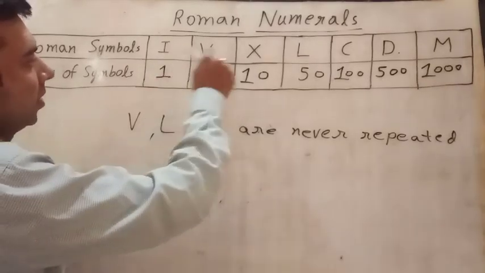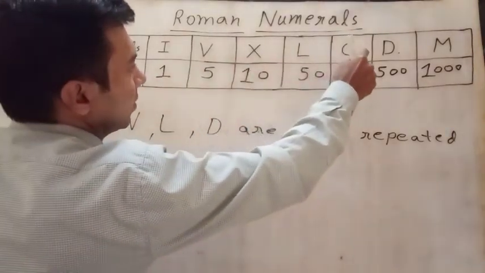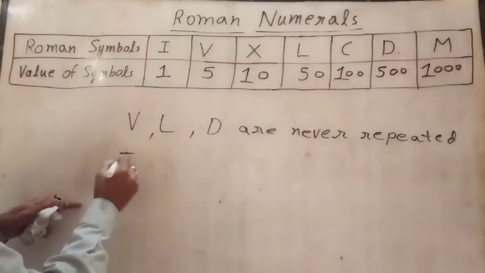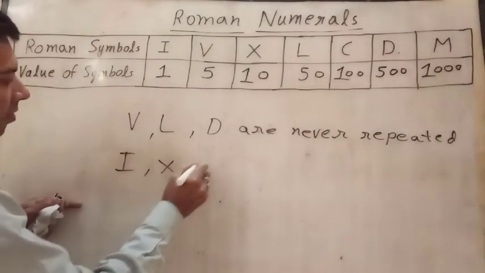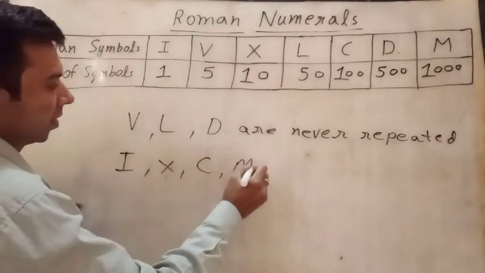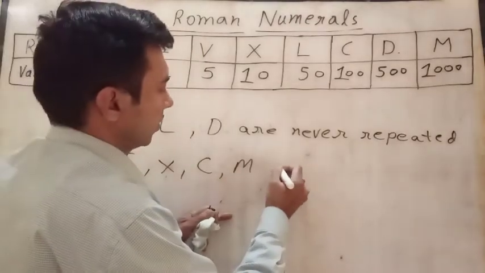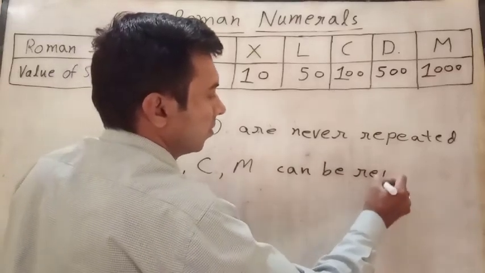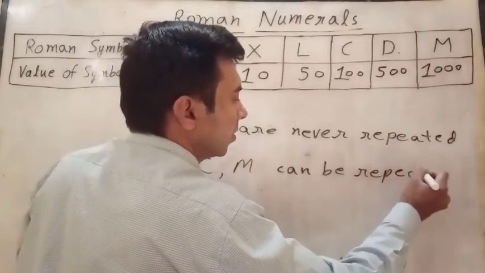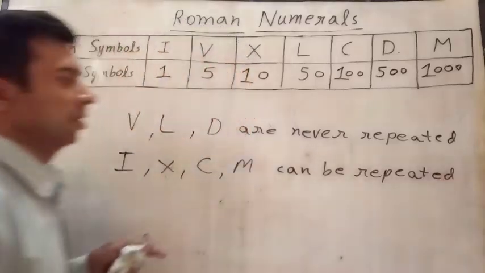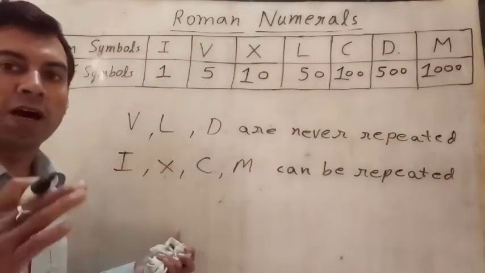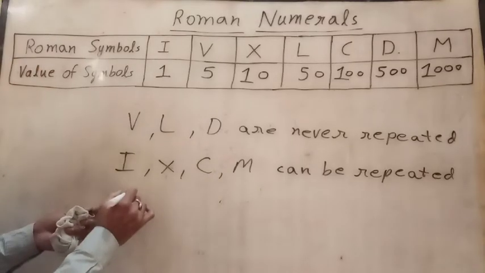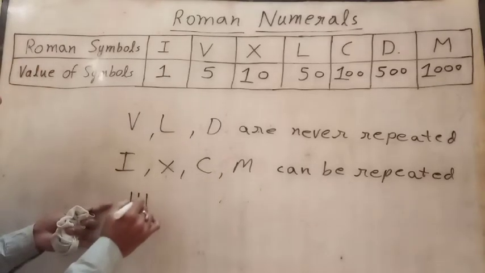And I, X, C, M can be repeated. But how many times? Not more than 3 times.